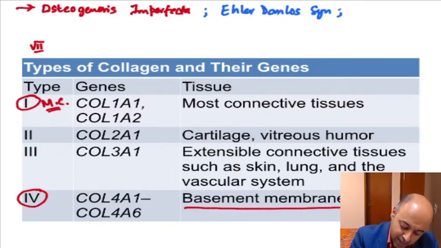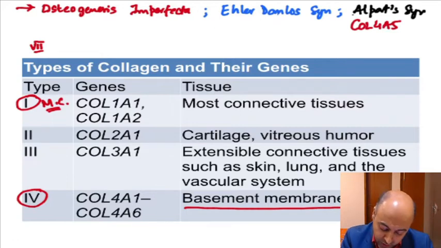Then we have the Alport syndrome. In Alport syndrome, you have to remember very specifically that defective gene is collagen 4A5. The type of collagen which is defective is collagen type 4. The fifth fibril is defective, called 4A5.